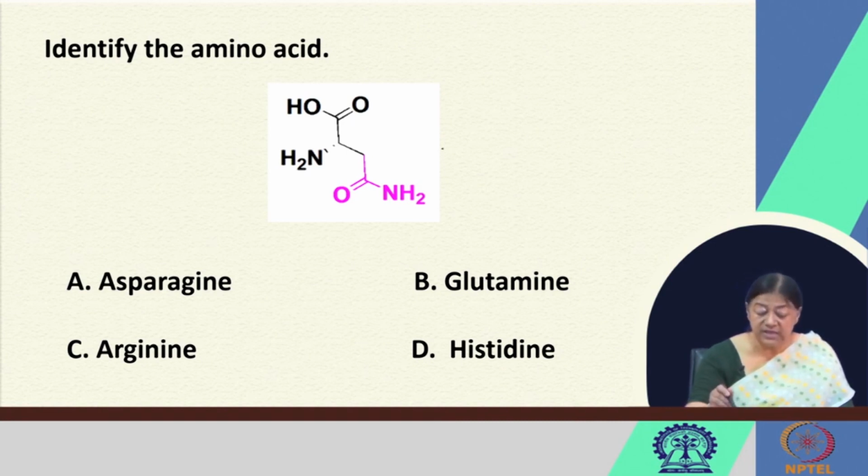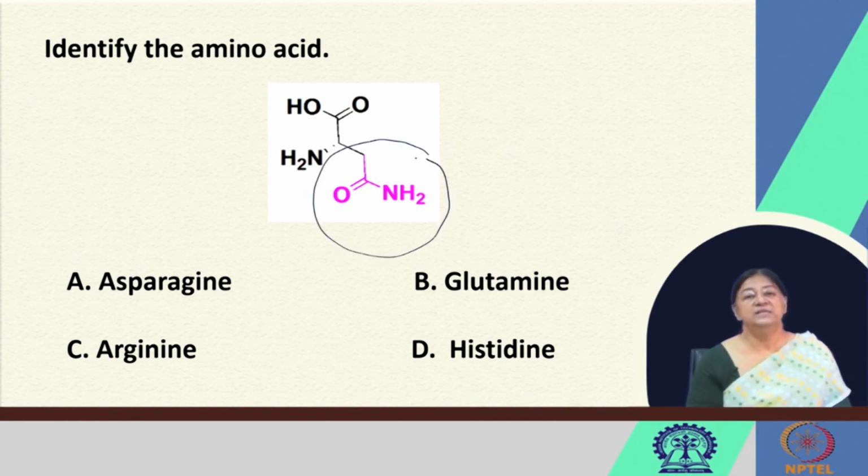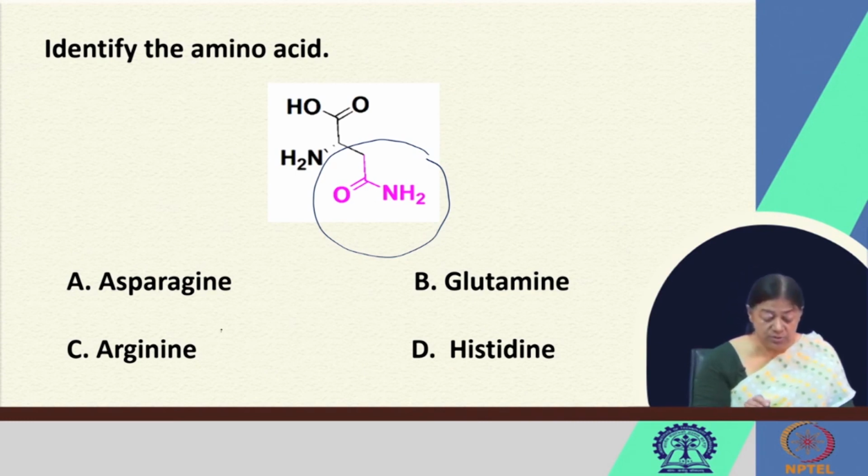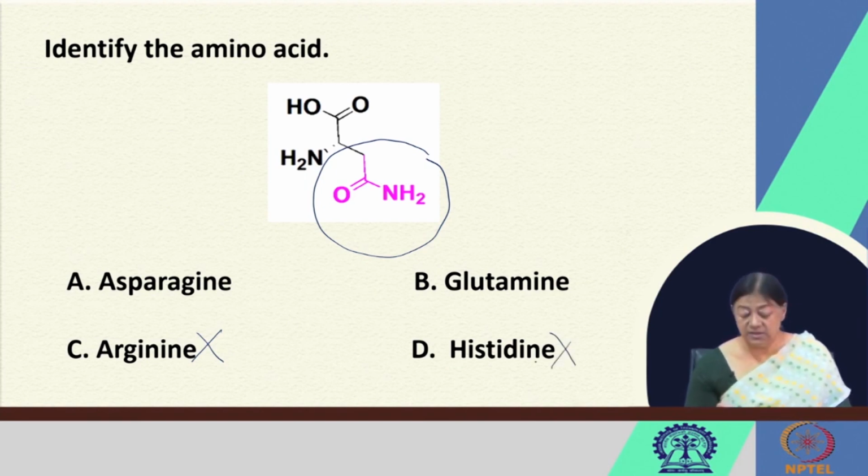What we see, the side chain is this. We realize that it is a C double bond NH2, which rules out arginine, rules out histidine, because we know the histidine has an imidazole group, the arginine has a guanidine group.